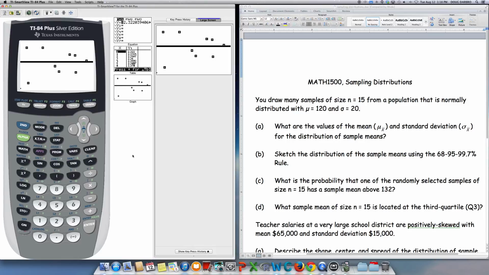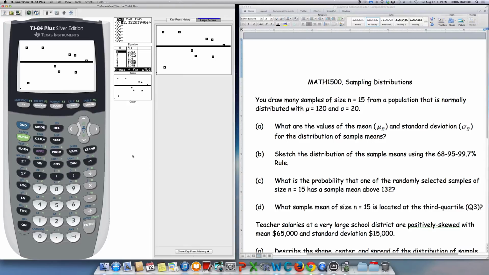First problem. You draw many samples of size n equal 15 from a population that is normally distributed. Remember, if we have a normal distribution, sample size just needs to be 2 or larger to examine the distribution of sample means. So we have a population mean of 120 and a population standard deviation equal to 20. What are the values of the mean mu sub x bar and the standard deviation sigma sub x bar?